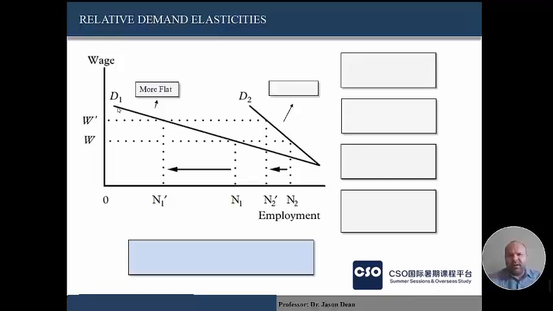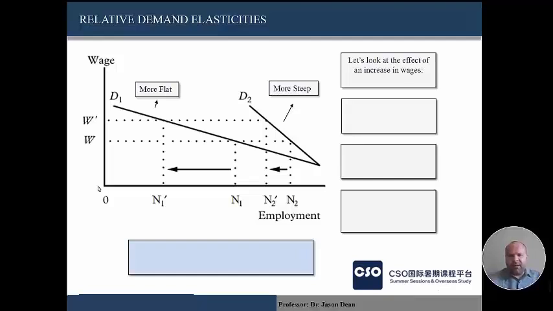So D1 here is a flat labor demand curve. D2 is steeper. Now what we're going to do is look at the effects of a fixed change in the wage on both. So we're going to have a change in the wage of this distance here between W and W prime.